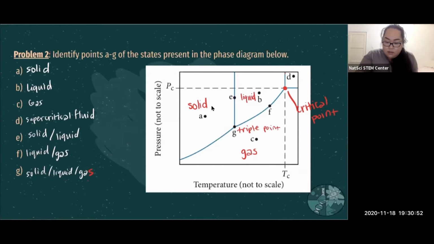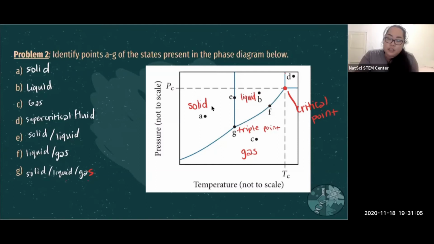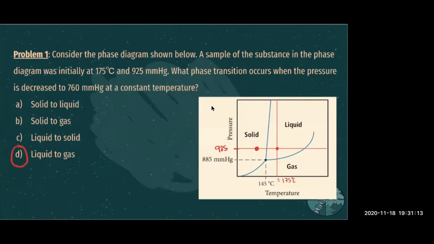I have a question about F. On some of the ones that I've seen, they call that F area the sublimation curve. Could you put that and it be correct? It would, but I believe that's only if we're labeling a water phase diagram. Let's go back.